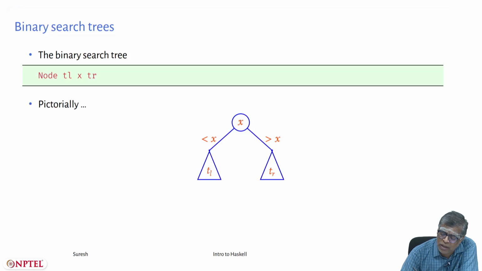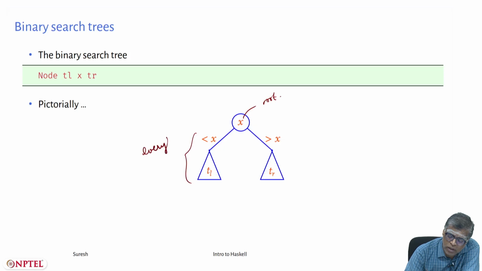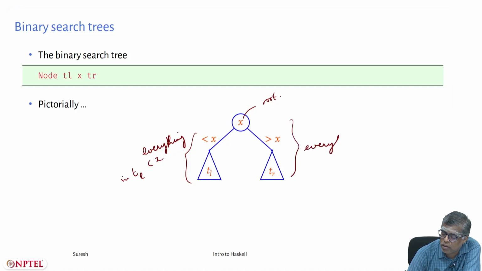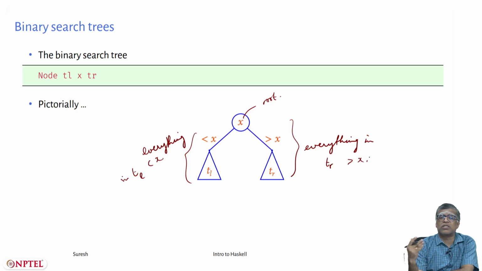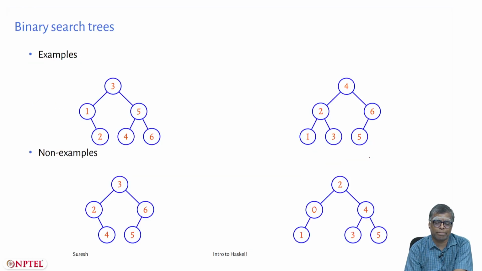Pictorially you will see that x is the root, everything in TL is less than x, and everything in TR is greater than x. That is the idea in a binary search tree.